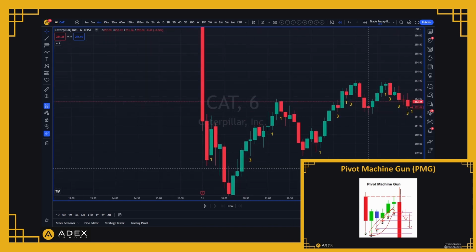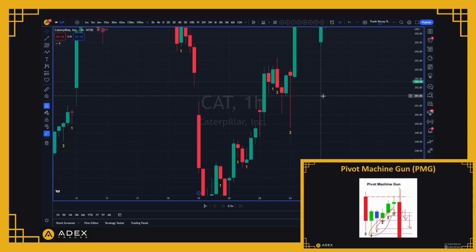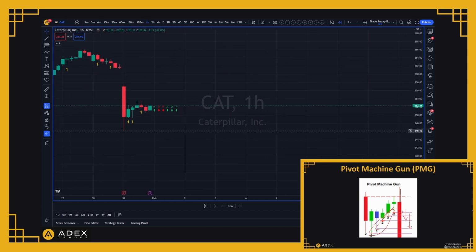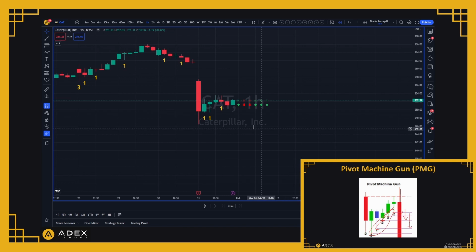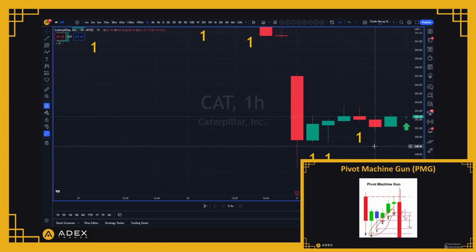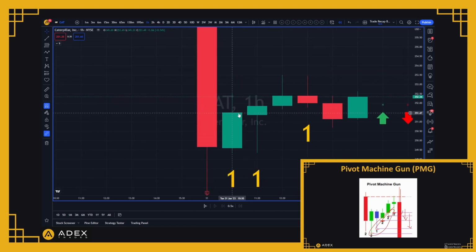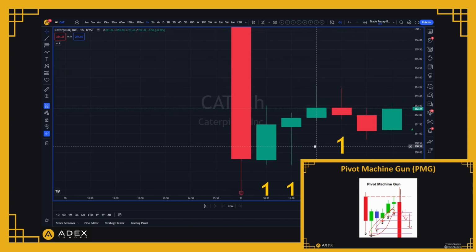On the 6-minute chart, you see that there's a slight PMG down to the downside, but then we retrace back up. But if you were to look at the hour, you don't even see that PMG down at all. You don't even notice the PMG based off the hourly charts.